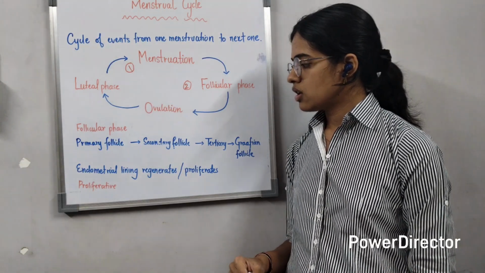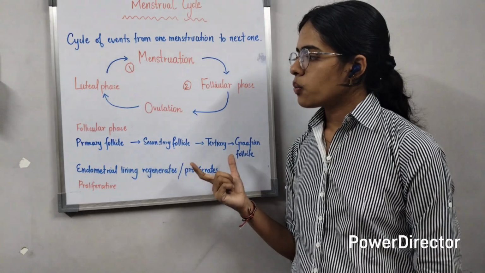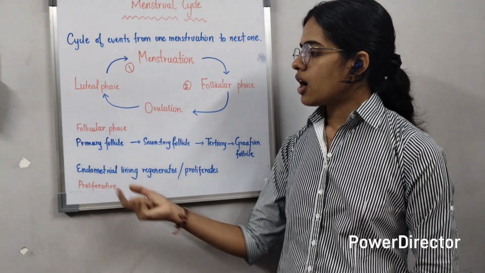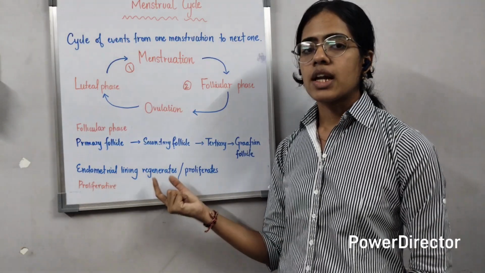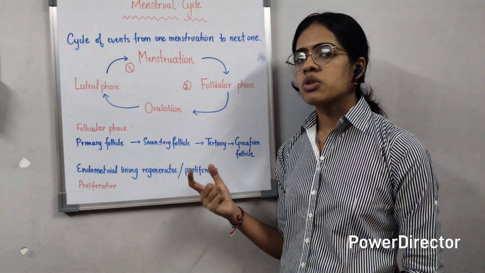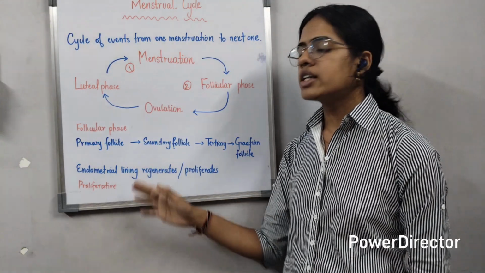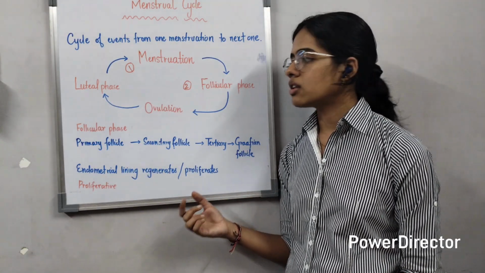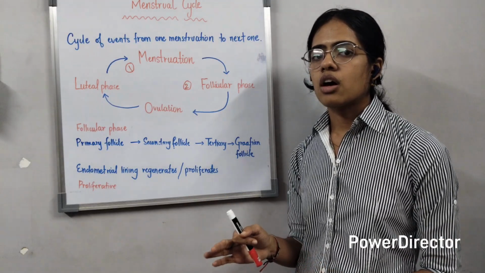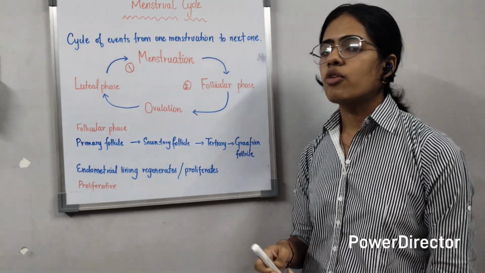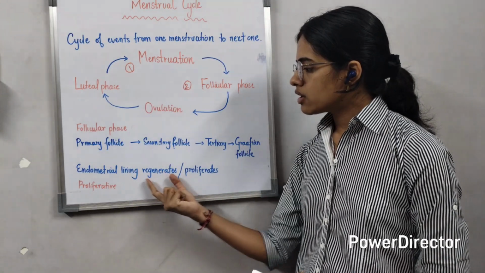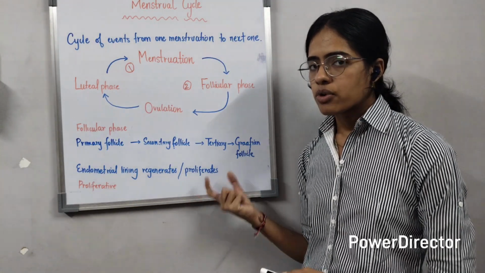So all the events which are mentioned in that video occur in this phase. Along with that, the endometrial lining that was released and broken down in the menstrual phase starts regenerating during the follicular phase. So the uterine walls see a regeneration of the endometrial lining and the blood vessels. What happens is it proliferates.